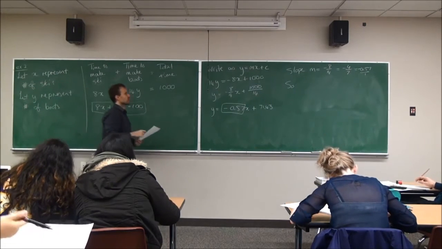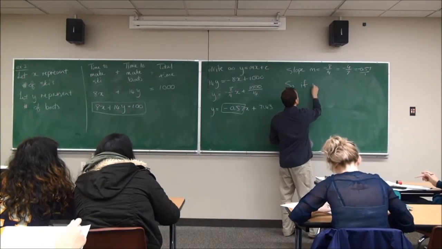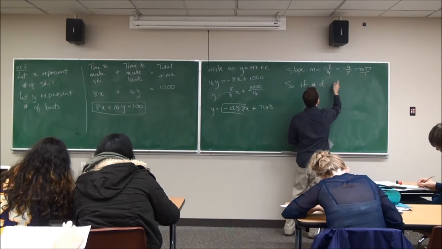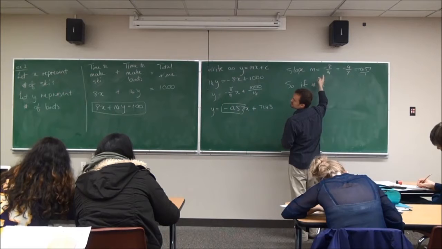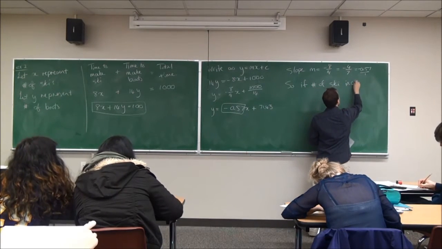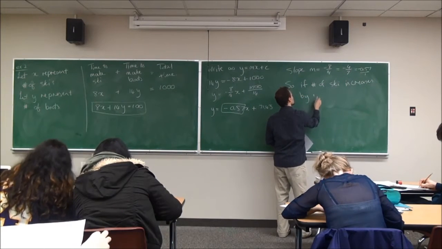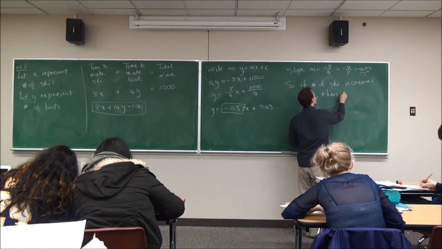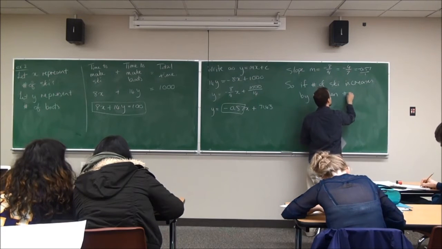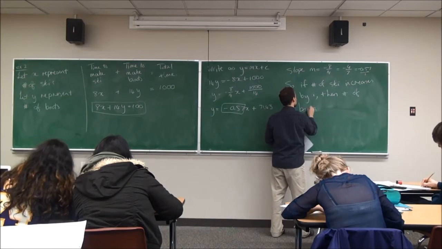So that means that if I change x by 1, if the number of skis increases by 1, then what happens to the number of boots?